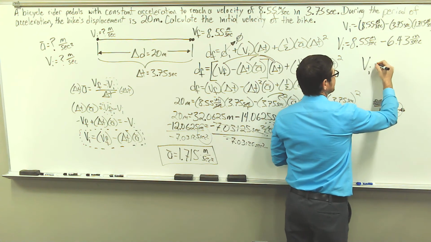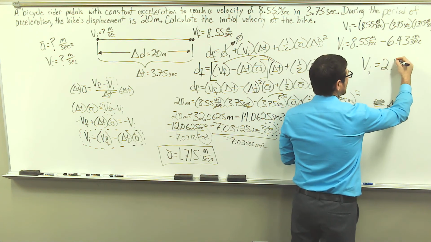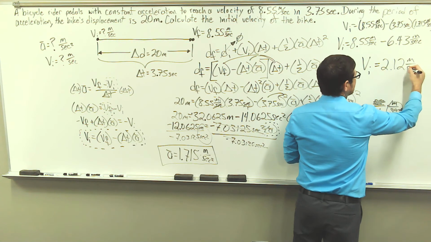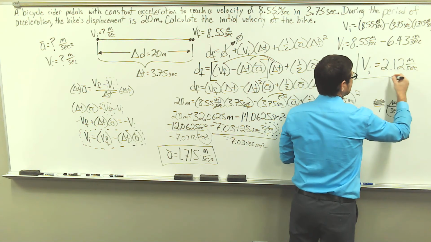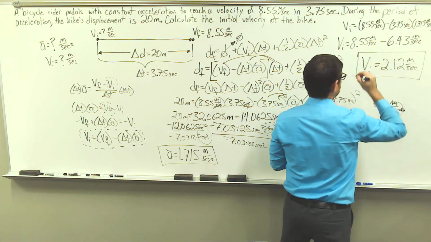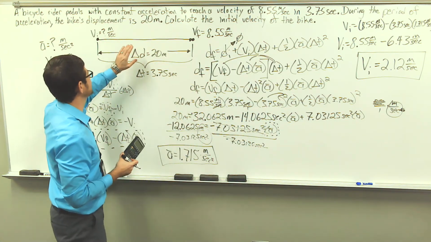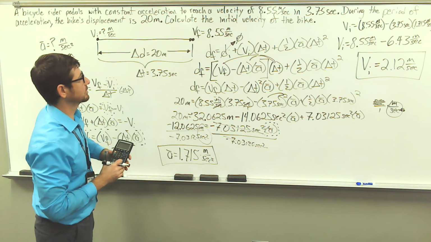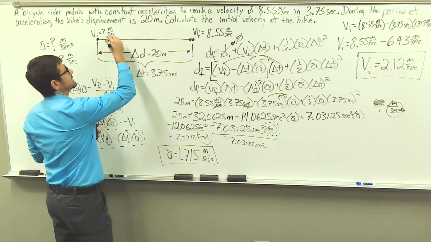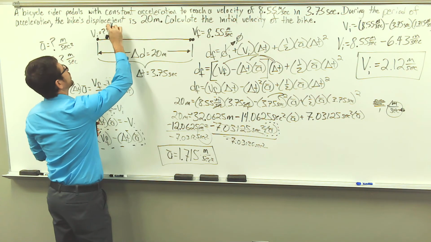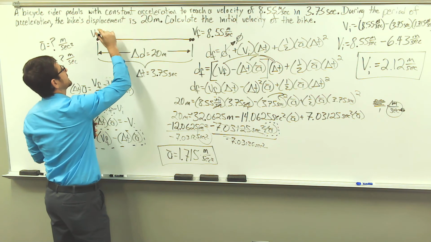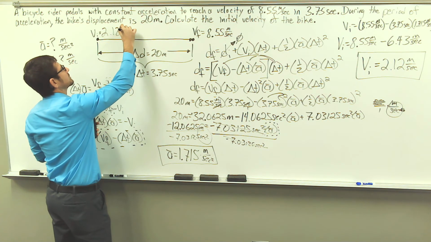So our initial velocity is 2.12 meters per second. All right, and that is our answer. So I'm just going to label this on our diagram. So initial velocity, we have 2.12 meters per second.